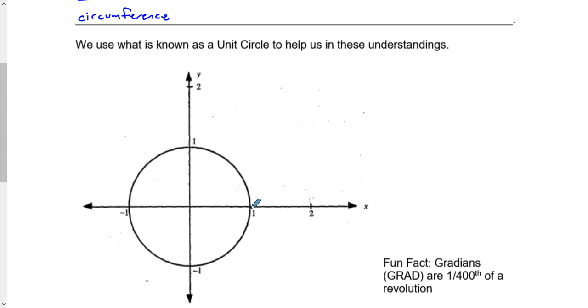So first off, if we measure exactly what the radius is, I'll have to measure it as best as I possibly can. If I measure this radius around the circumference of the circle, one radius would put us approximately there. If I go one more radius, that would put me approximately there. So that's two radiuses.